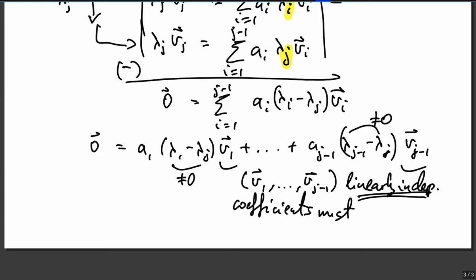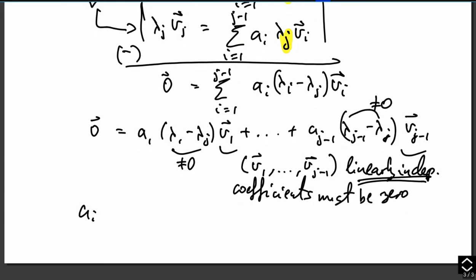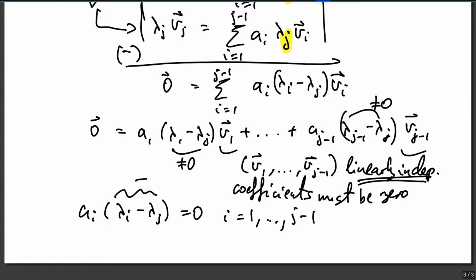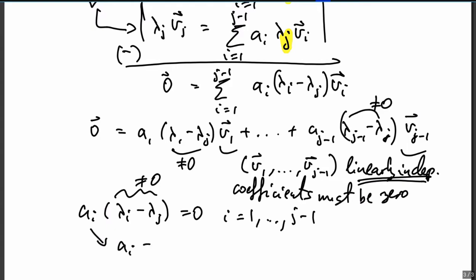So the coefficients must be 0. What we have is that ai times lambda i minus lambda j equals 0, i going from 1 to j minus 1. And since the eigenvalues are distinct, lambda i minus lambda j is not 0, that means that ai must be 0, as i goes from 1 to j minus 1.